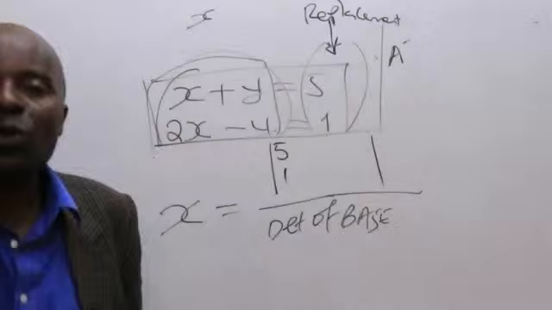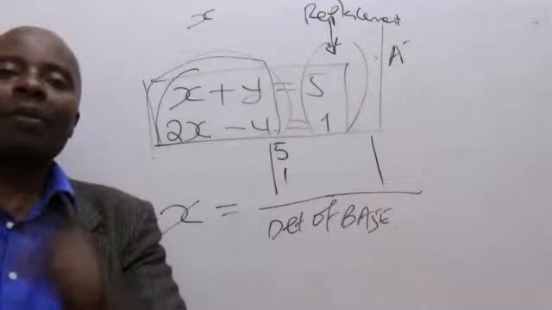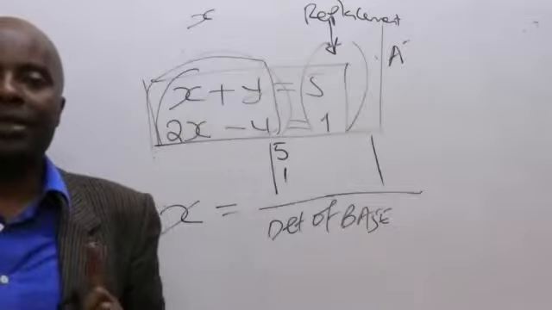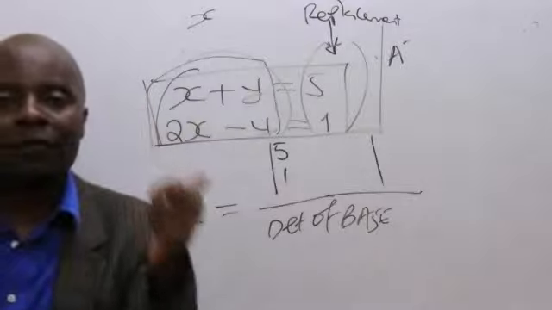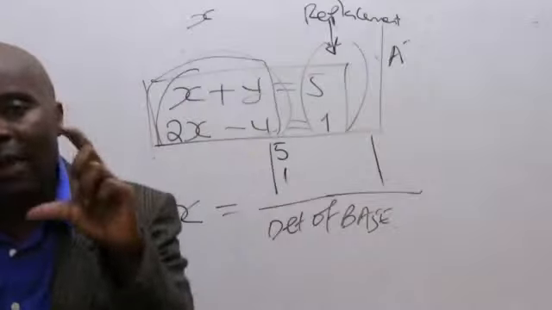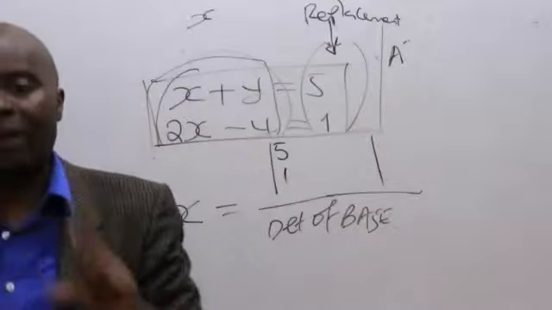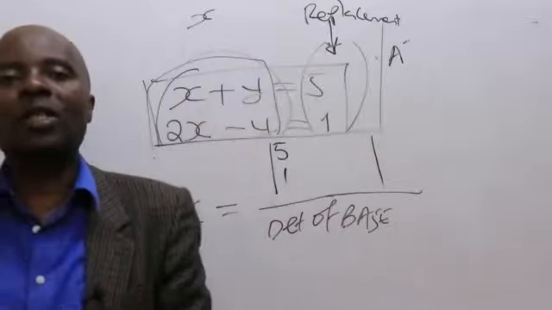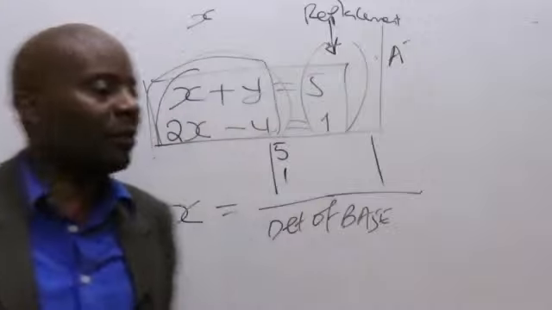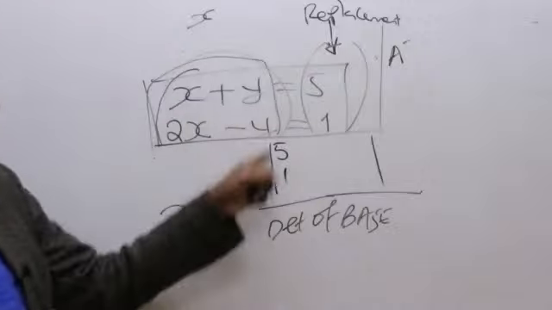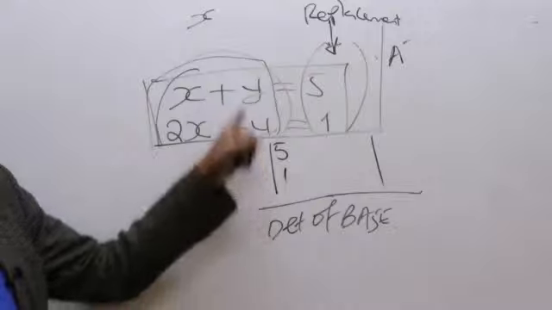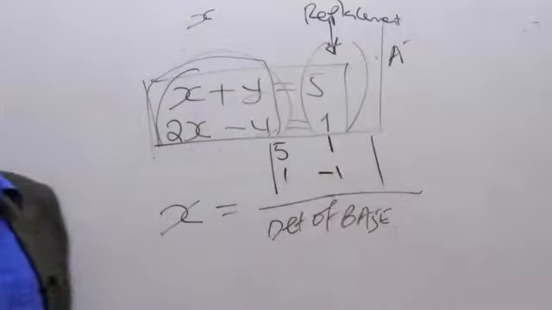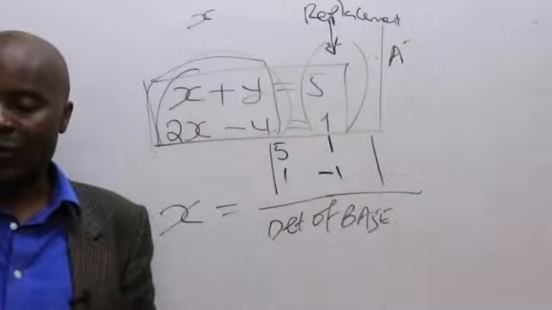If column x has disappeared, then the column y has to remain. So the y column is column number 2, and the coefficients of column y are 1 and minus 1, like that.